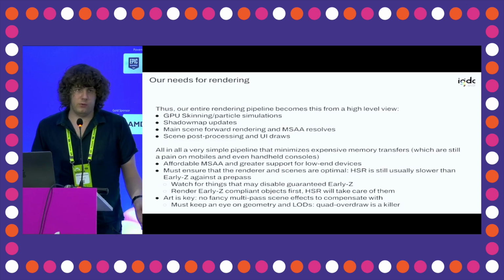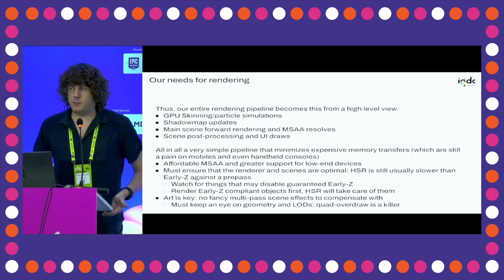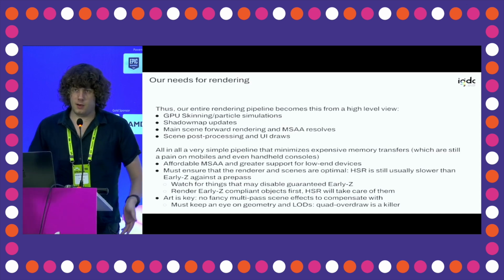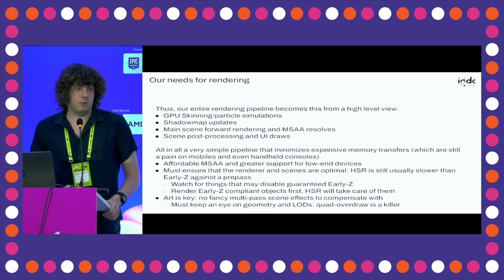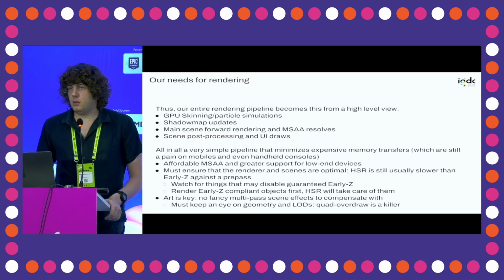We have to ensure that we use alpha tests very, very sparingly, because even if the shader doesn't ultimately use them, if the instruction still exists there, it disables early Z, and in turn it disables HSR. And we really need to maintain HSR for as many fragments as possible.